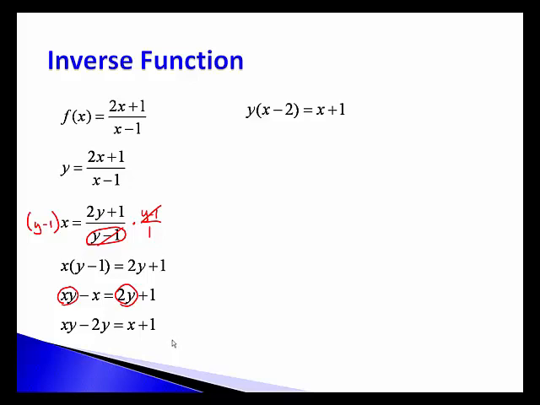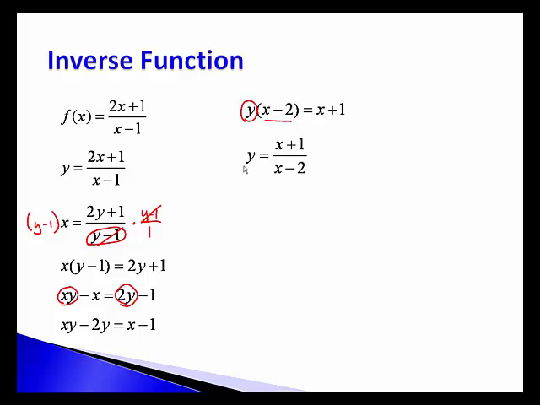This is where we factor out the y. Remember how we can pull out a common factor if one exists? Well, this time it happens to be a y. So that leaves us with y times (x minus 2) is equal to x plus 1. If we want to solve for y, this y has been multiplied by x minus 2. So we want to divide both sides by x minus 2.